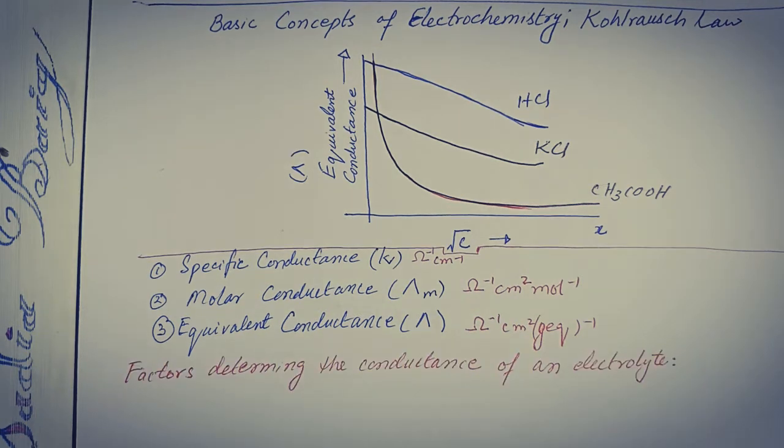So now let's discuss the factors determining the conductance of an electrolyte. The conductance of electrolytes depends on the following factors, in which the first one is the nature of electrolyte. The second factor is temperature.